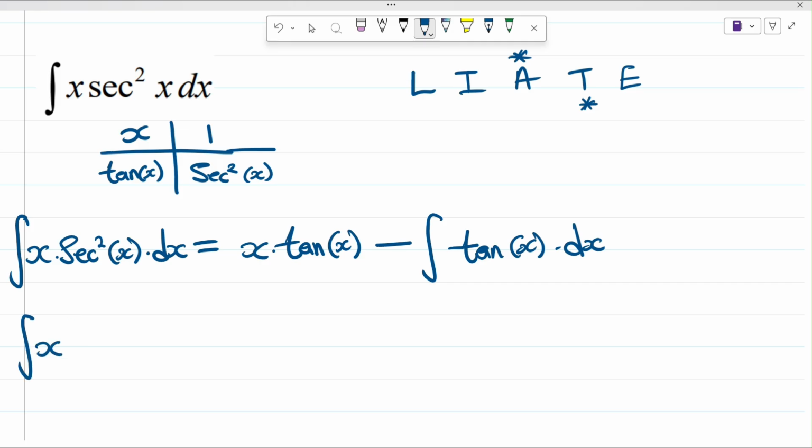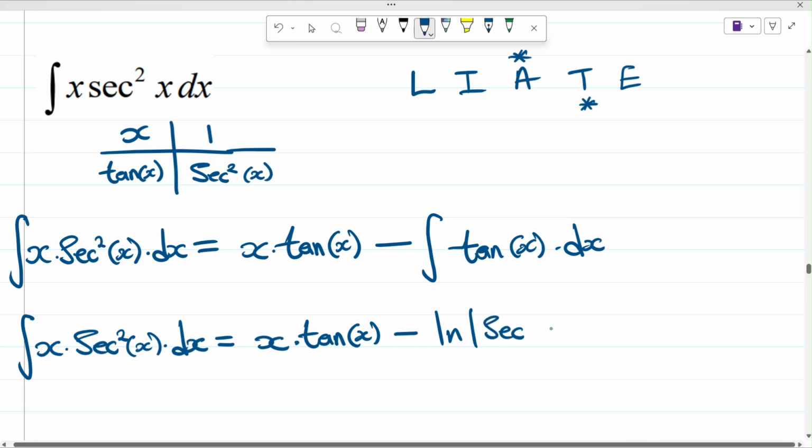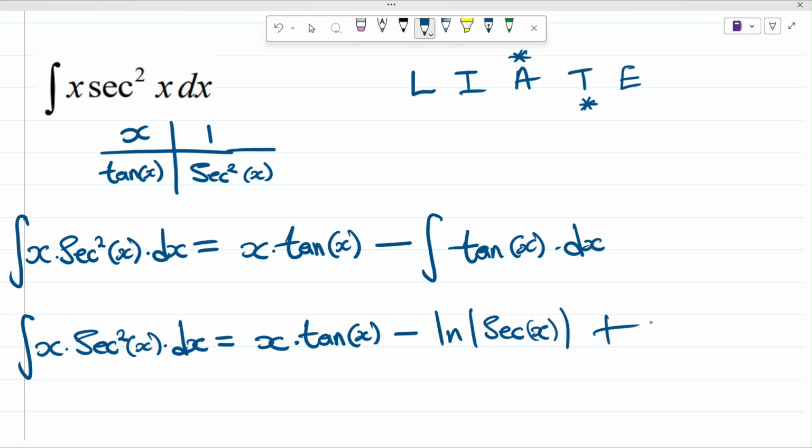The integral of x sec squared of x dx equals x tan of x minus, and the integral of tan x is ln of sec x, so minus ln of sec x plus c.